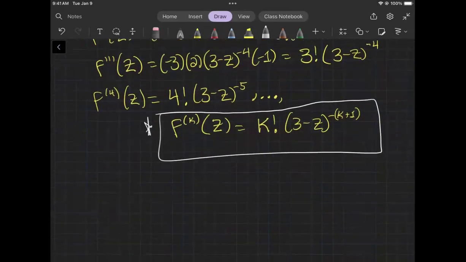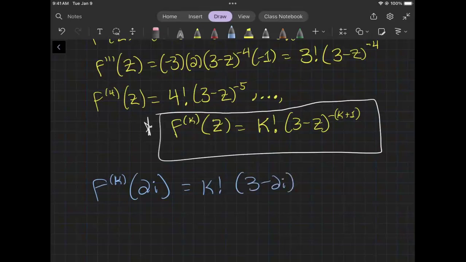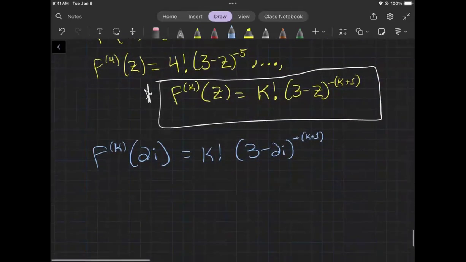And so the kth derivative at 2i, since the center was 2i, would equal k factorial times 3 minus 2i to the minus (k plus 1) power.